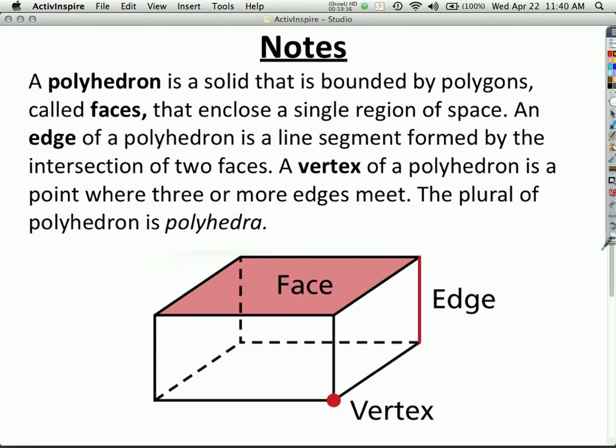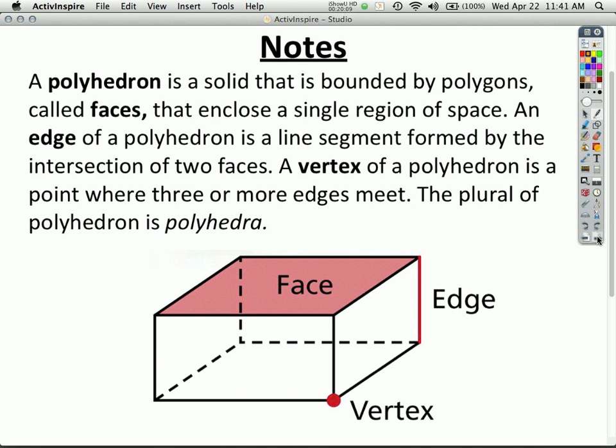When multiple faces meet at a corner, that's called a vertex. So you have everything illustrated here. This is a rectangular prism. Here's an example of a face. Here's an example of an edge, and here's an example of a vertex. One of the things we're going to be exploring today is how many faces, how many edges, and how many vertices. One last note. The plural of polyhedron is polyhedra. Any comments or questions so far? Going to be quite a bit of groundwork.